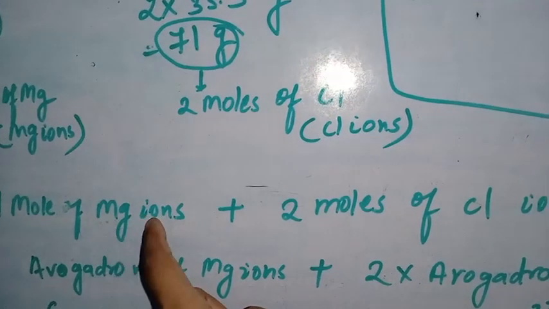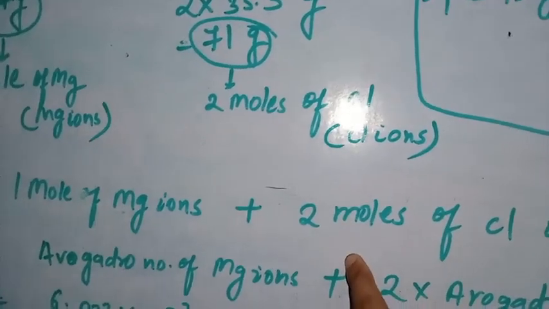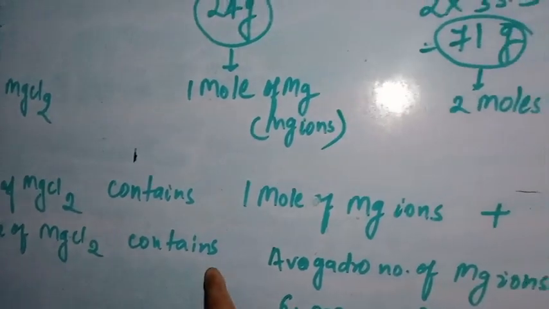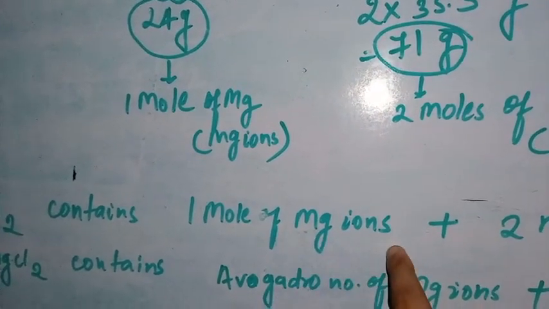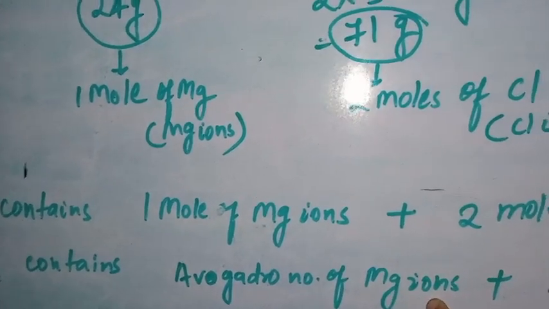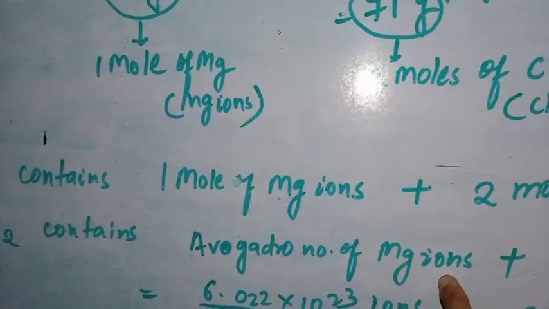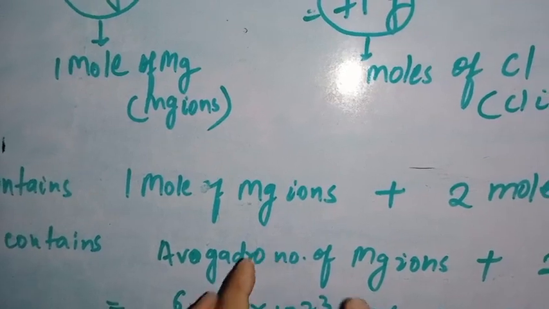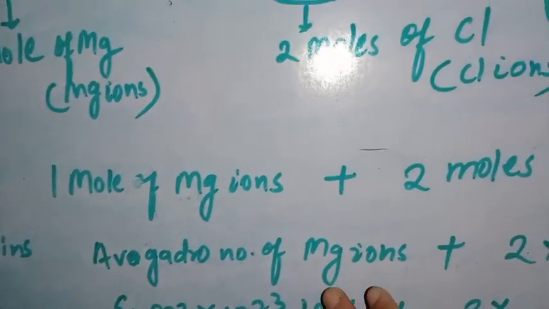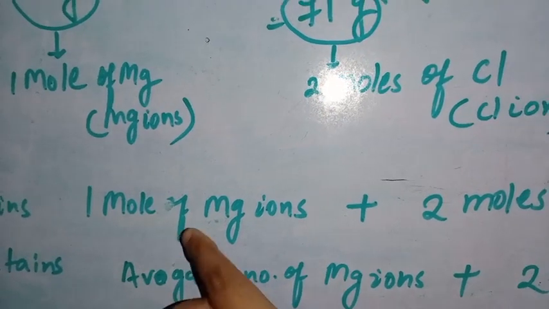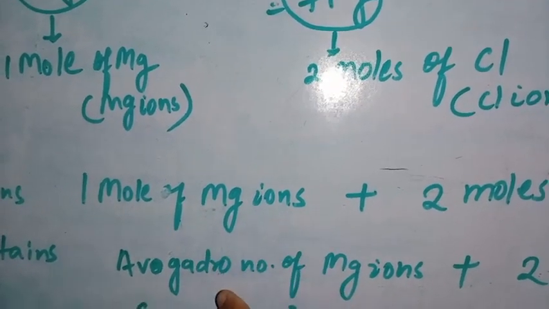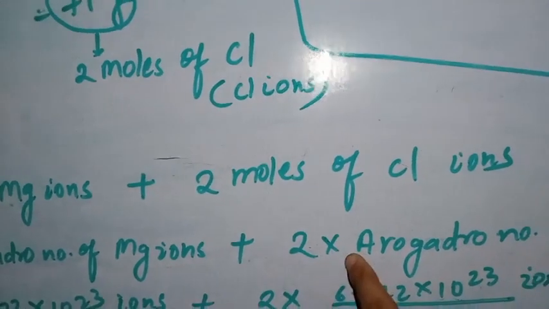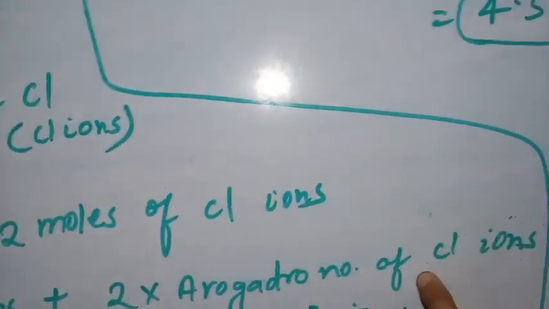The same sentence we can write as 1 mole of magnesium chloride contains, instead of 1 mole of magnesium, the Avogadro number of magnesium, and since we have to calculate the number of ions, I have converted 1 mole of magnesium ion into Avogadro number. You know, 1 mole of anything contains Avogadro number of particles. So in place of 1 mole of magnesium ion I have written Avogadro number of magnesium ions, plus 2 moles of chloride ion means 2 into Avogadro number of chloride ions.